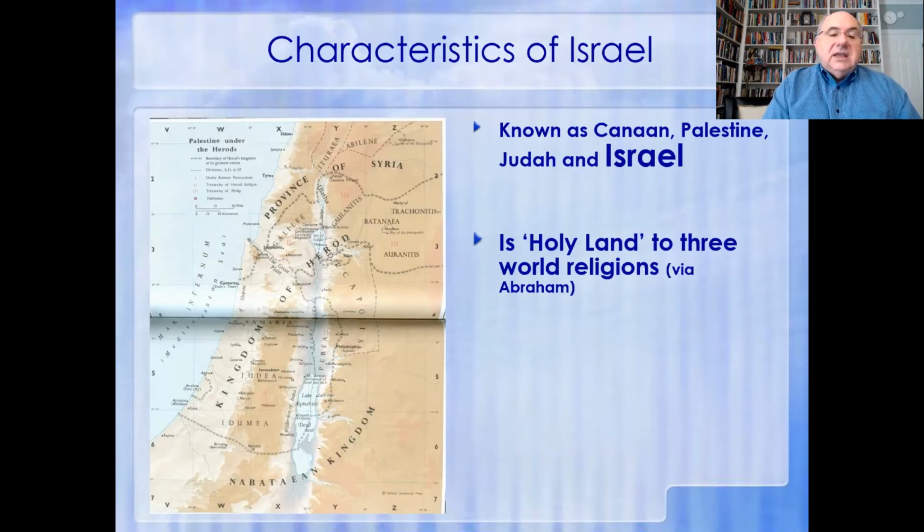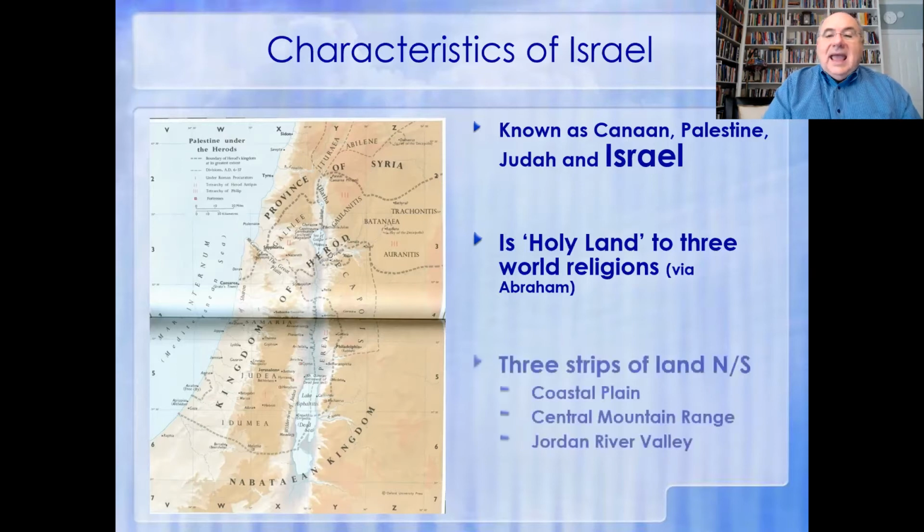And then, of course, it is through Abraham's descendant through David that is the birth of Jesus himself, on which the religion of Christianity is founded. And so consequently, we have a very important small piece of geography, but it is very important to three world religions.